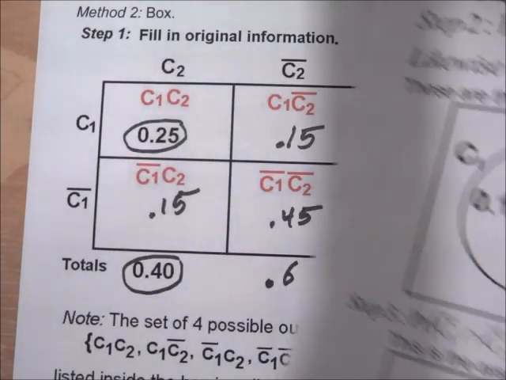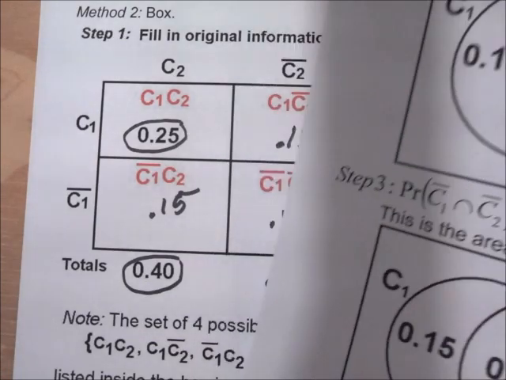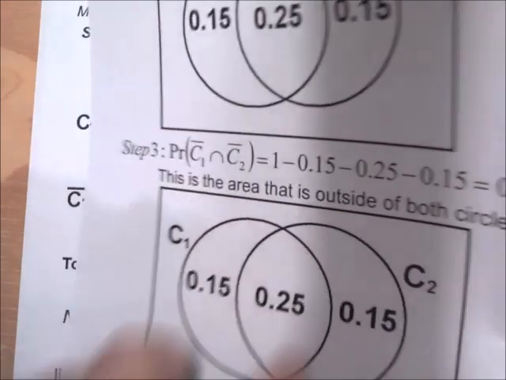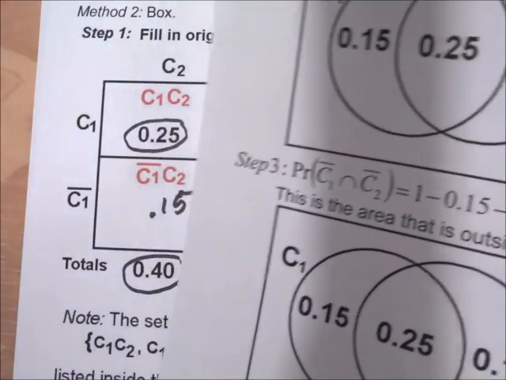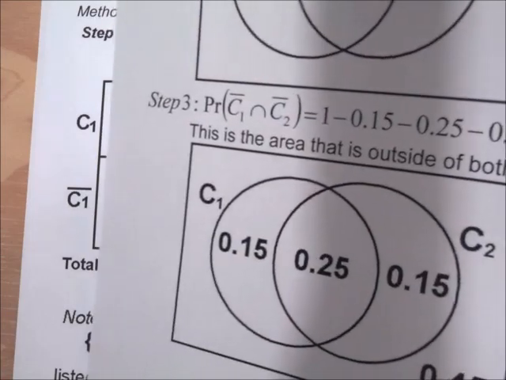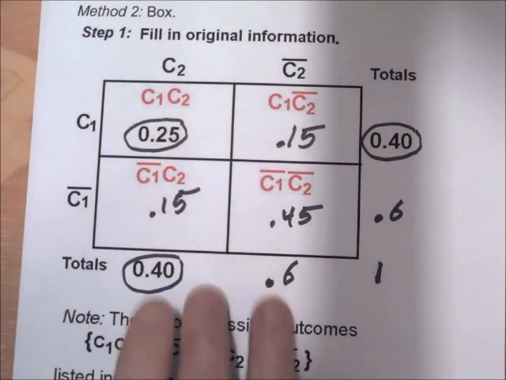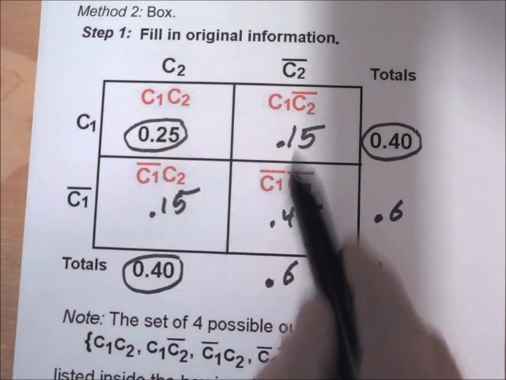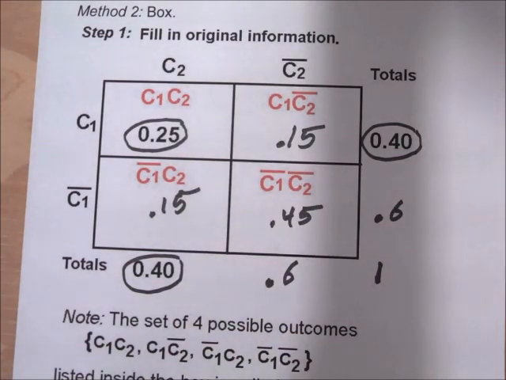All the inside parts of the box are included on the Venn diagram, but it gets awkward to start putting in row totals and column totals. So I like the box. To me, just the way the box is organized, I like it better. It shows the row totals and column totals, and then on the inside you have the inside totals.